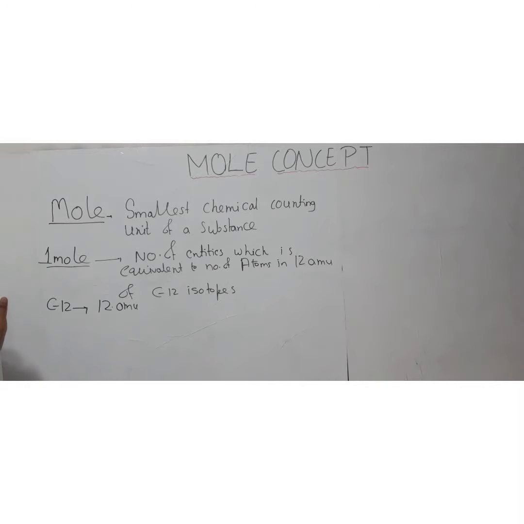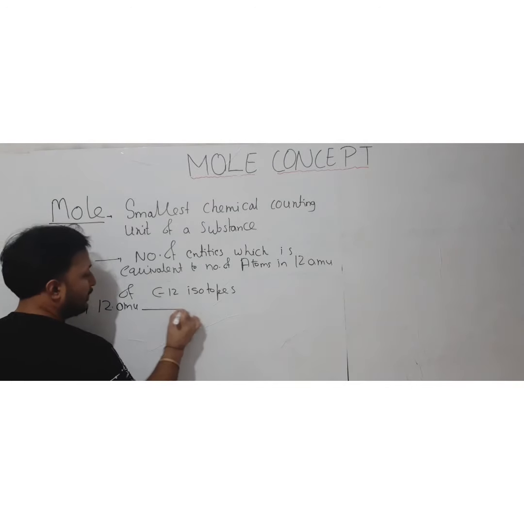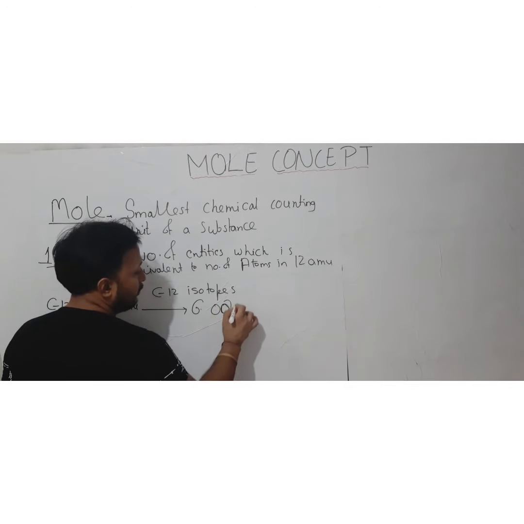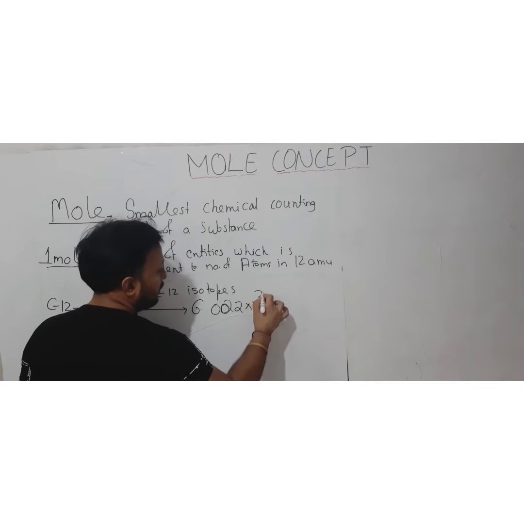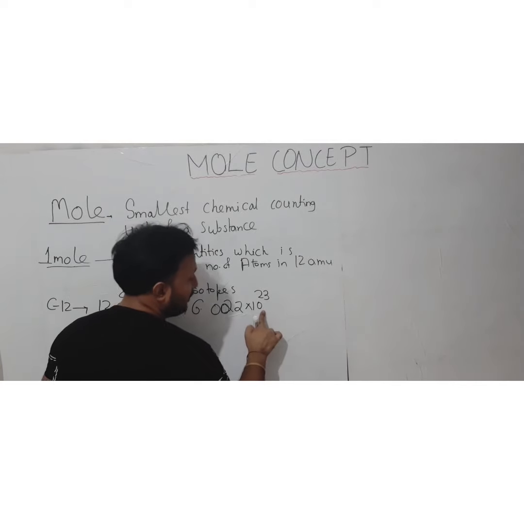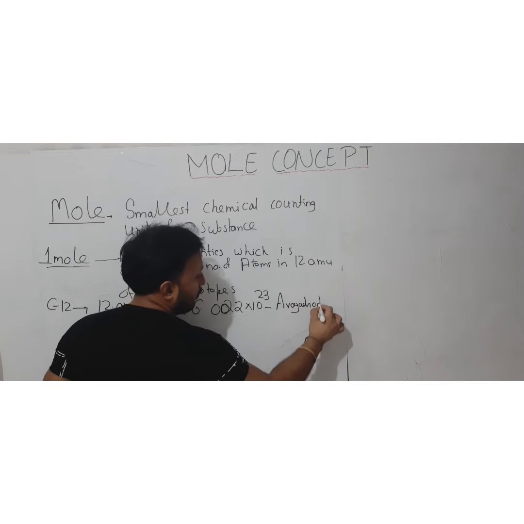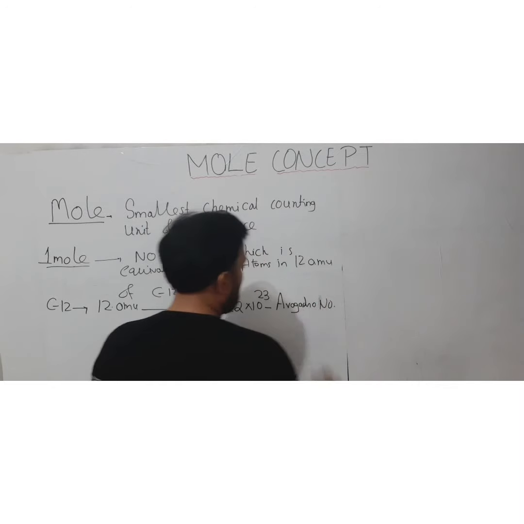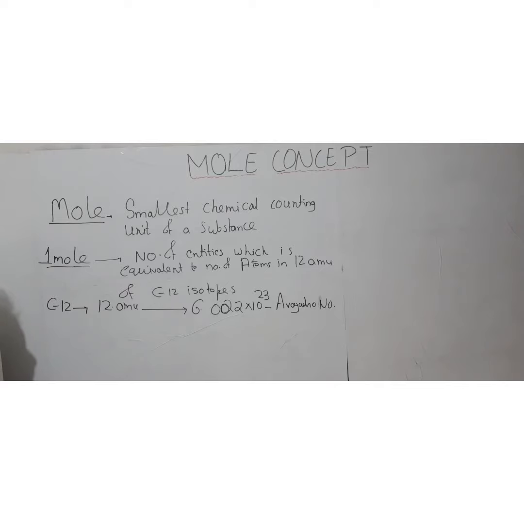So whatever the total number of entities present in this much carbon is equivalent to 1 mole, and that always comes equal to the calculated value, that is 6.022 into 10 raised to power 23, which is also known as Avogadro number. This value is always equivalent to the Avogadro number.